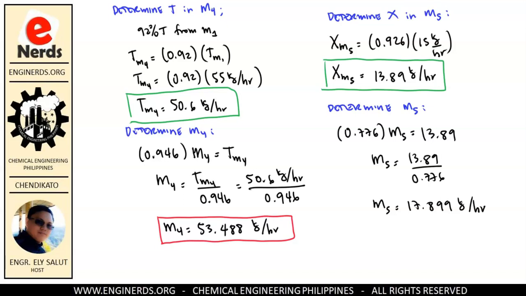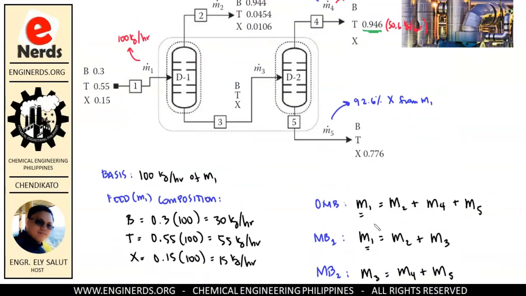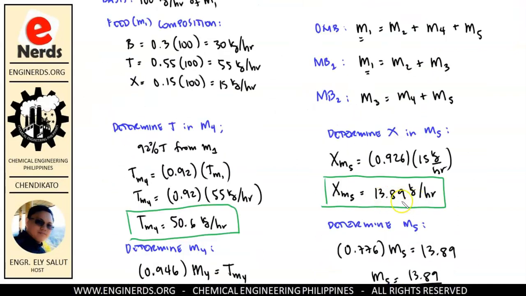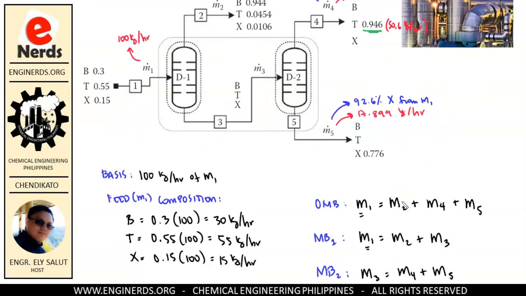So we have the value of M5, which is 17.899 kilogram per hour. And we already know the value of xylene, which is 13.89 kilogram per hour.